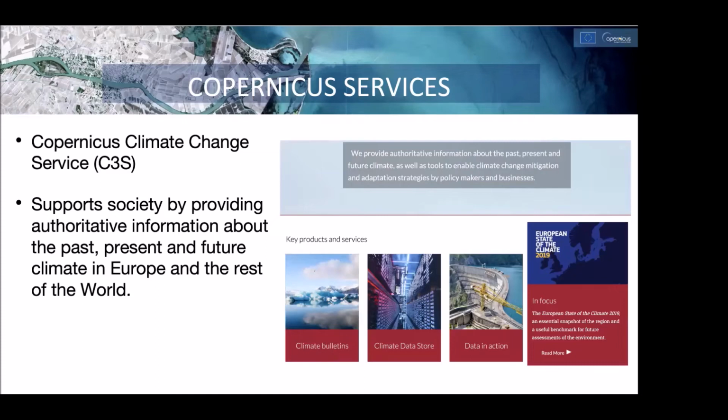Now, another very interesting one is the Copernicus Climate Change Service. So here it is very much climate focused. They have a large number of data sets that go both into the past and the model data into the future, that one can use for relating the changes potentially that you're seeing in the vegetation.